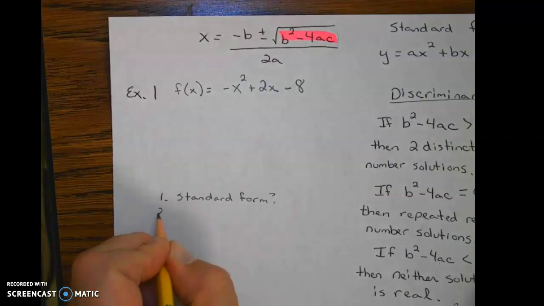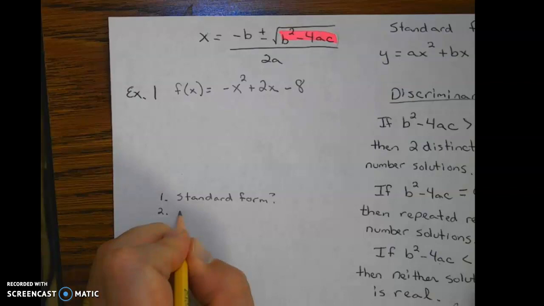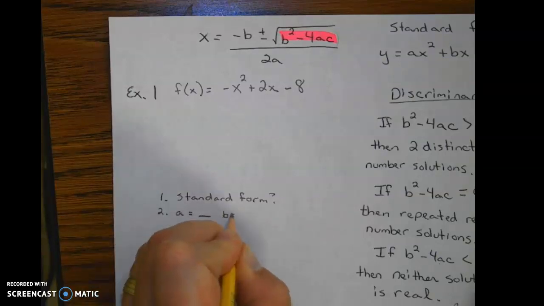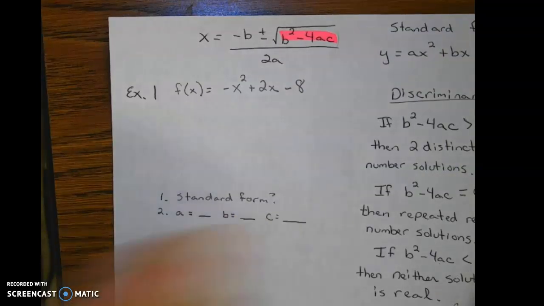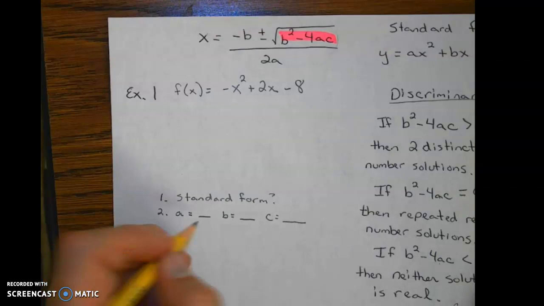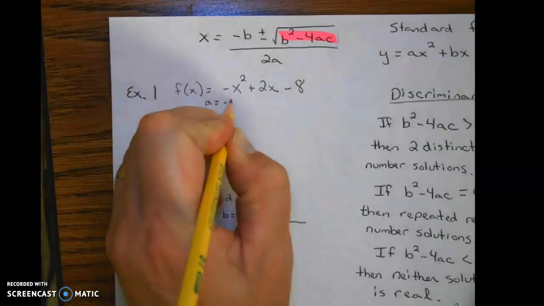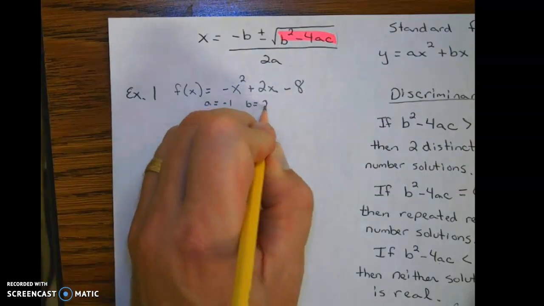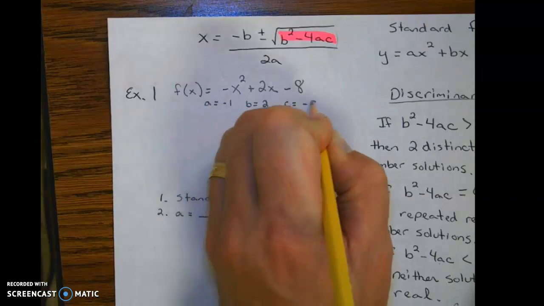The second thing you want to do here is identify your A value, your B value, and your C value. So here we have an A value of -1, a B value of 2, and a C value of -8.